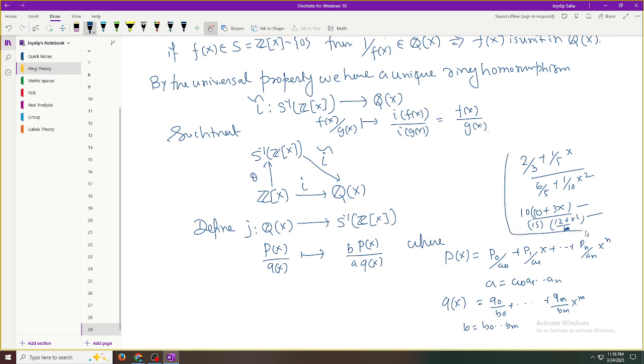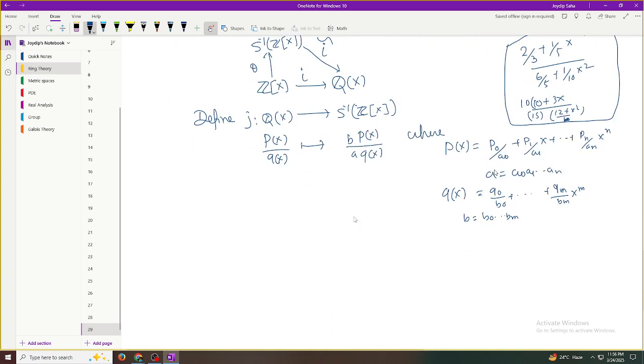Okay, rough. So then check that J composed with I tilde is identity, and identity on S inverse Z[x] is trivial, and also this part is trivial.